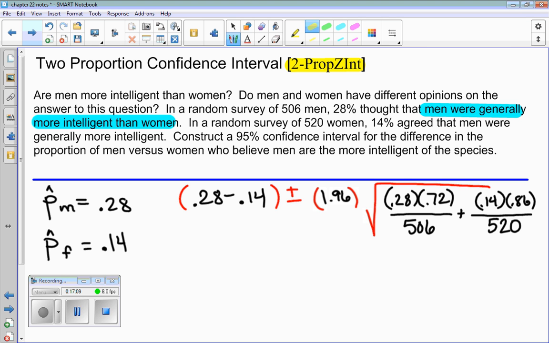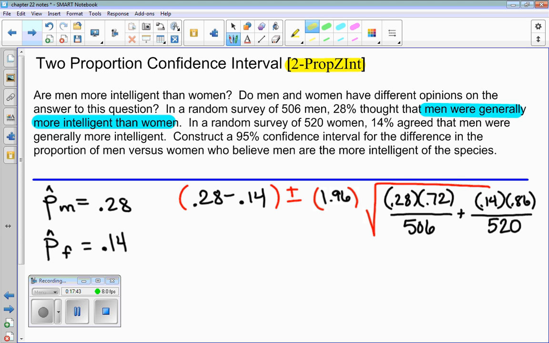I'm just going to put the decimal, and if I do this, by the way, it's going to yell at me, just so you know, because it gives you a decimal, and it doesn't like that decimal, so we're going to have to come up with probably rounded up to 142, okay? So let's do that real quick. And then that was 506. Yes, okay. And then X2, or our second population, is 14% of 520.